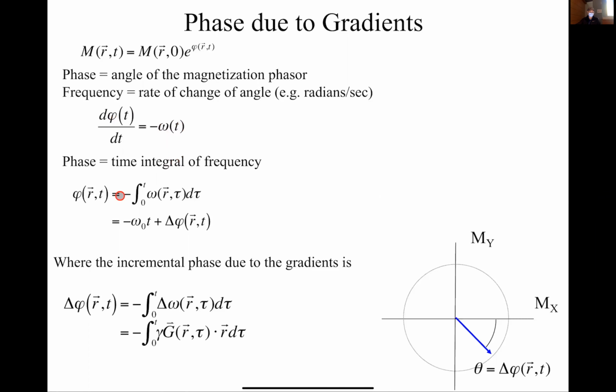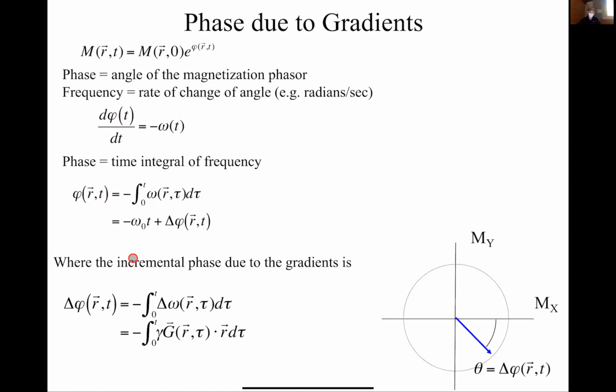So I should be able to get my phase term, and this negative is because we're talking about clockwise rotation. So if dphi/dt equals minus omega, then I can get my phase at any point in time by just integrating this up to that point in time.